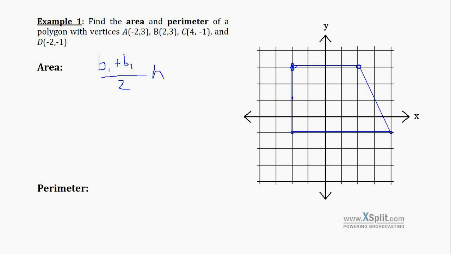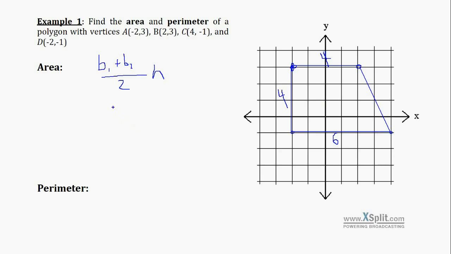To get those values, we can write in a few distances. We know that the height here looks like it's 1, 2, 3, 4 up. One of the bases is 1, 2, 3, 4 right here. And one of the bases is 1, 2, 3, 4, 5, 6.